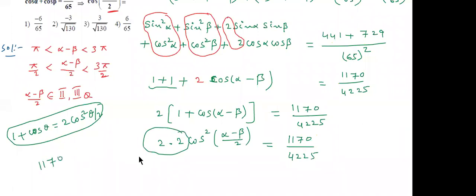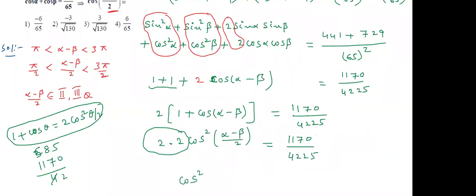1170 4 times, calculate. 4 2s are 8, 37 is there. I think cannot be possible to cancel now. First take 2 times. 2 5s are 10, 2 8s are 16, 2 5s are 10. 585 by 2. Again with 2, not possible. Go to another method.